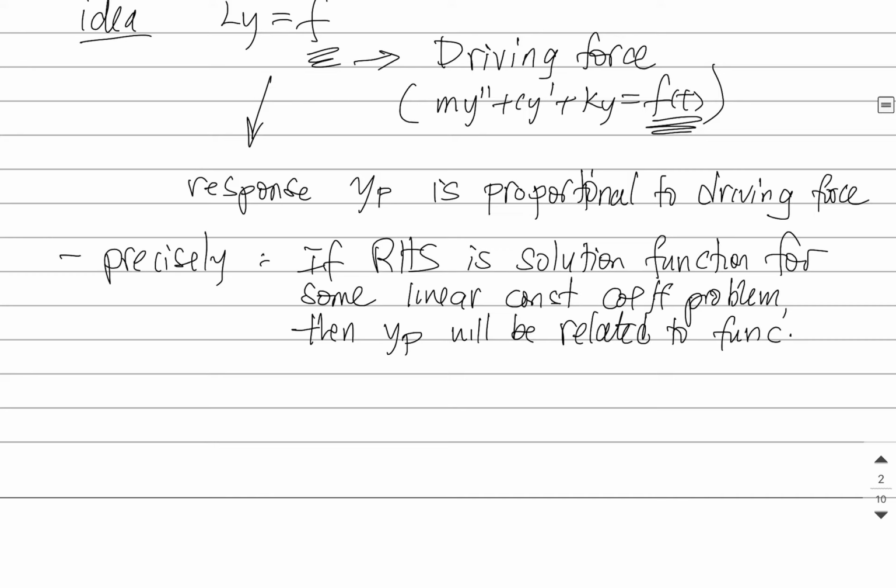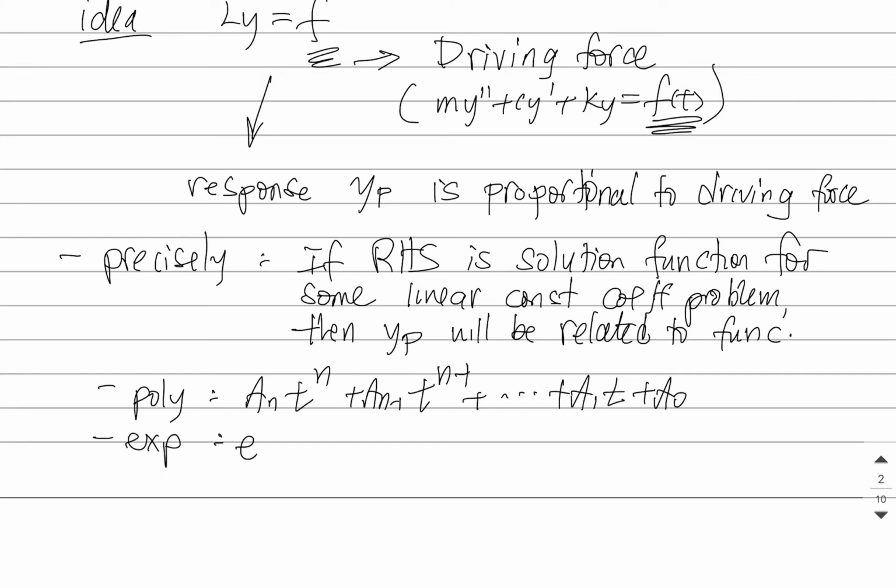The kinds of functions that we need to deal with here on the right-hand side are going to be polynomials. If we ever see polynomials, these are all possible solutions of constant coefficient problems. Those will work. Exponentials, e to the at, sines, cosines, those will work.